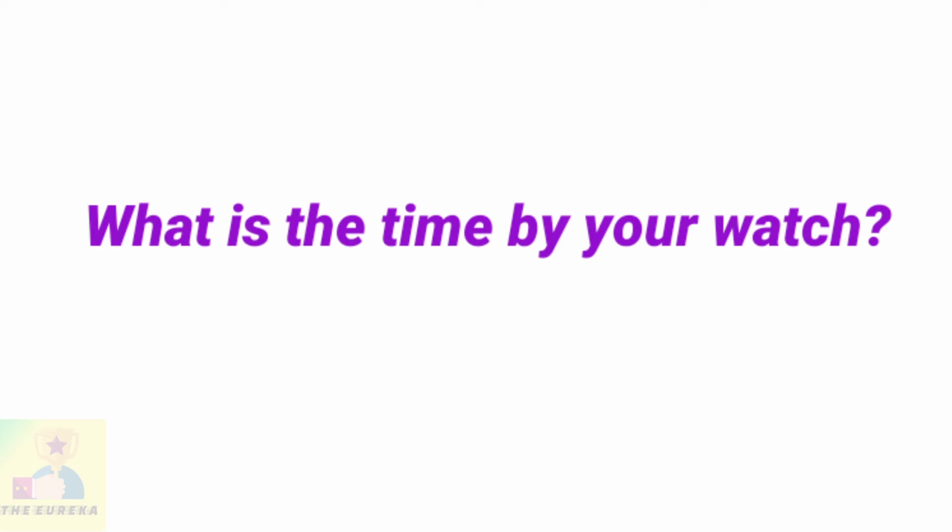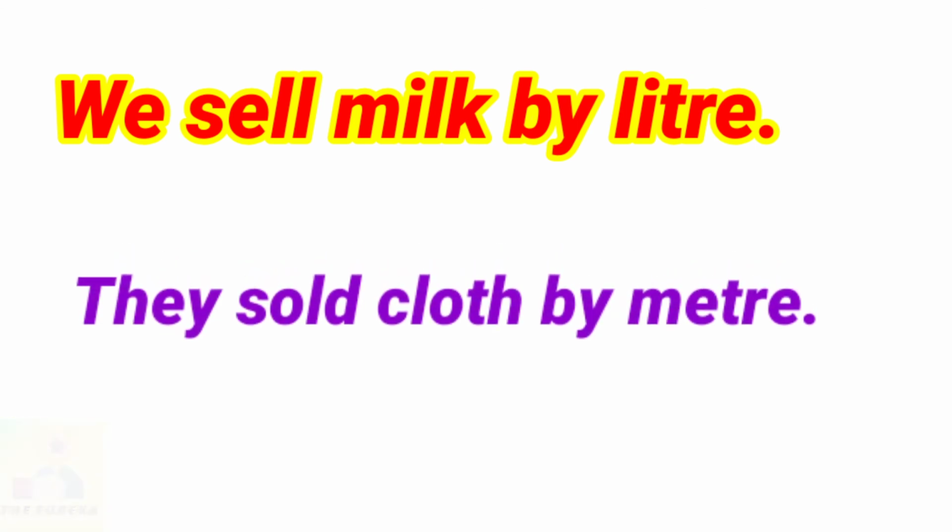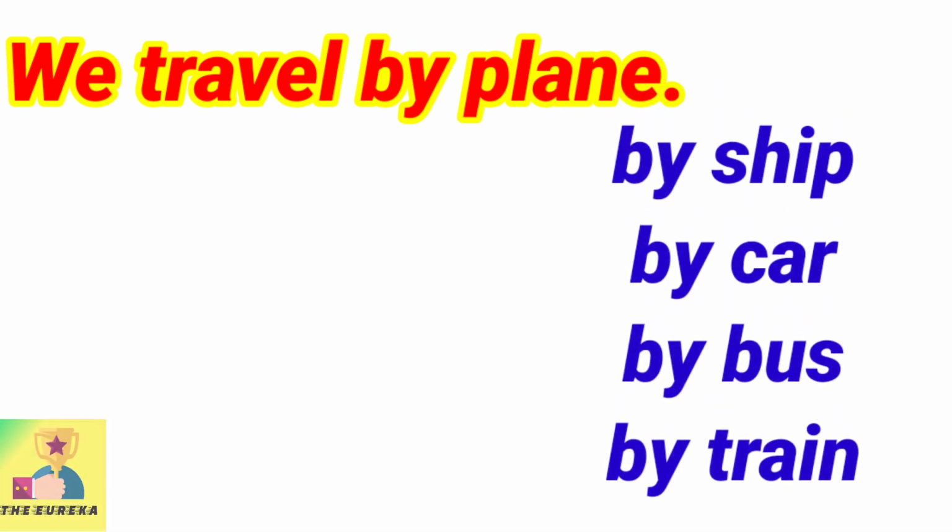We sell milk by liter. They sold cloth by meter. It is also used as a means of transport: we travel by plane, by ship, by car, by bus, by train.